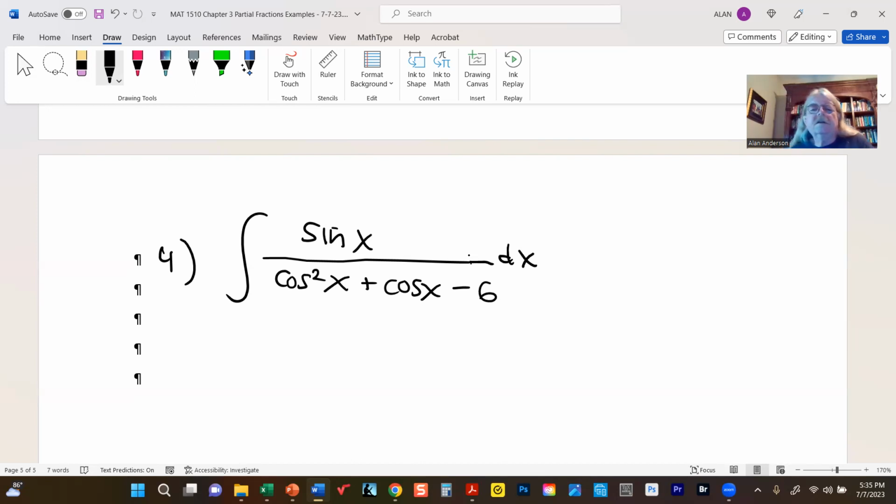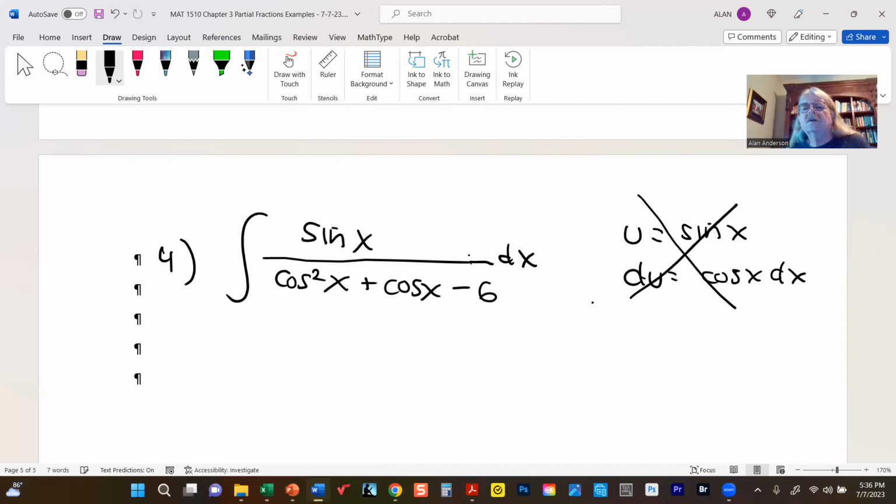Now, let's see if we can use u substitution. Let's try this. Before we do anything else, before we even try partial fractions, let's see if we can simplify this a little. Ooh, see now the problem with this is that this definition of du requires cosine x dx, and we don't have that.